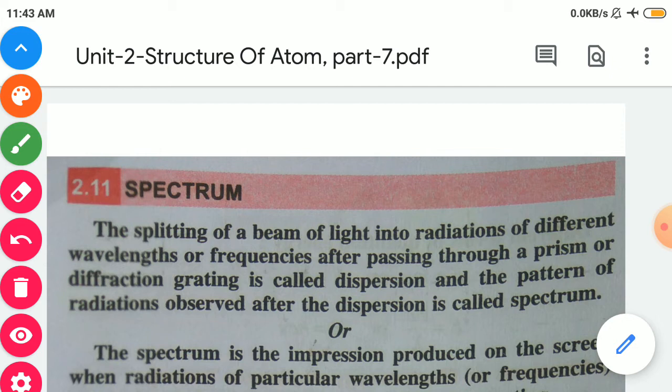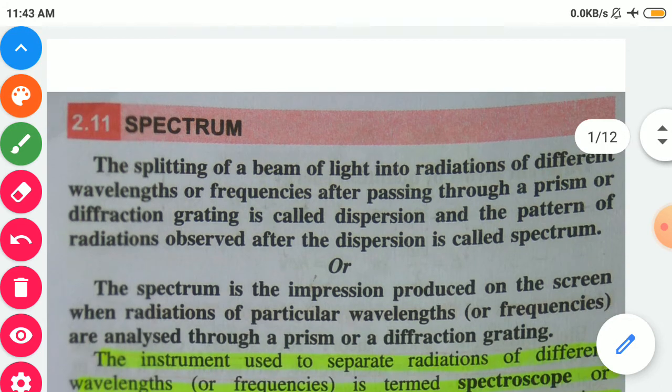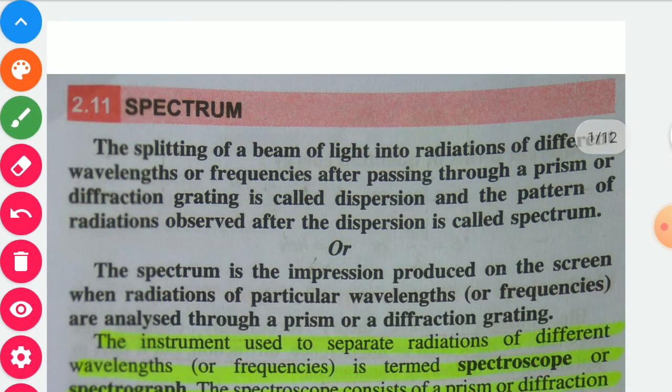In other words, we may also define spectrum as the impression produced on the screen when radiations of particular wavelengths or frequencies are analyzed through a prism or a diffraction grating.